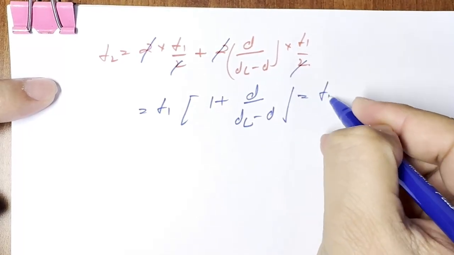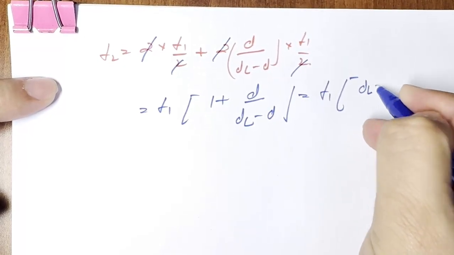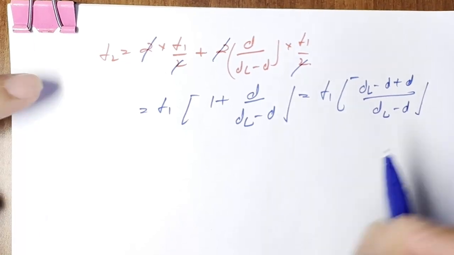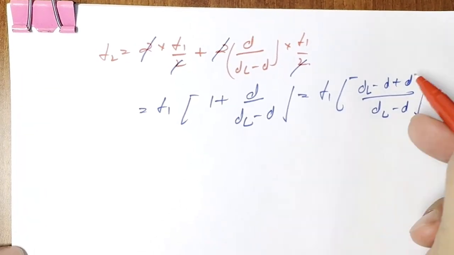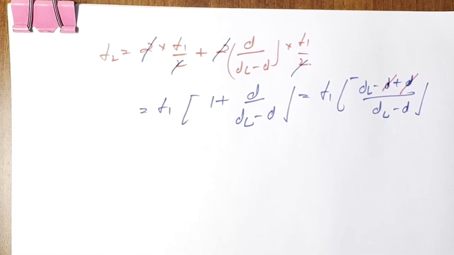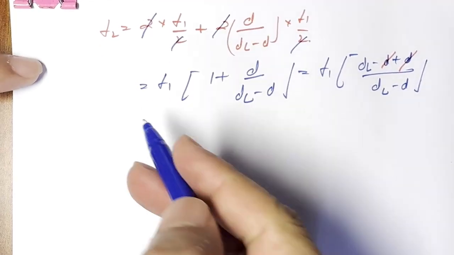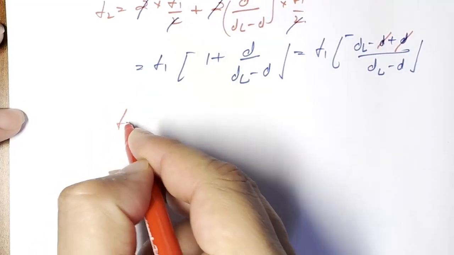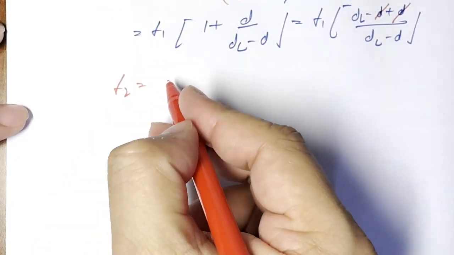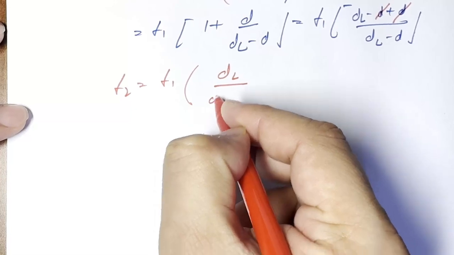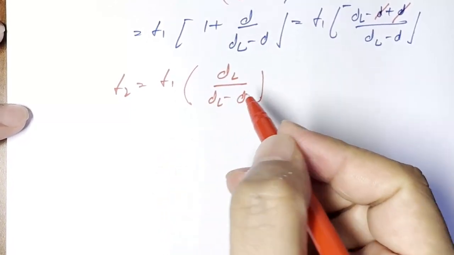Now we take the LCM. It is a simple calculation: (d_l minus d plus d) over (d_l minus d), and d and d cancel out. So we get T2 is equal to T1 times d_l over (d_l minus d).